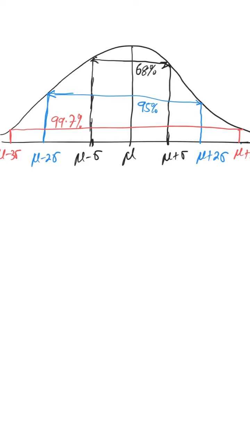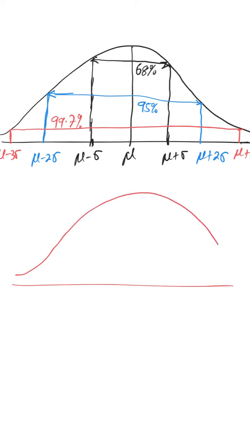Let me talk about the last one by drawing another curve. I have a normal curve here. It's symmetric about the mean. This is the sketch. This is the mean mu, this is mu minus 3 and this is mu plus 3 standard deviations.